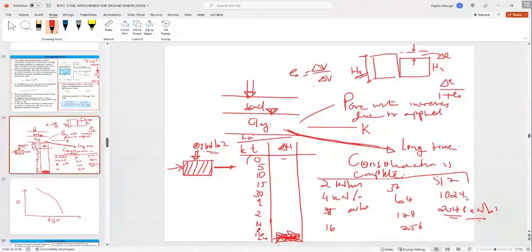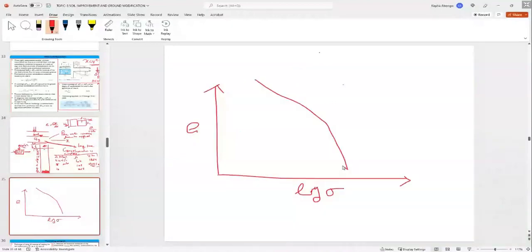Unload back to this, and then read the change in void ratio, up to maybe 4 kilonewton. That would be a slope like that. So this is the unloading slope. It will not come back to the original void ratio because soil is not perfectly elastic. Now that is the void ratio versus log stress plot.